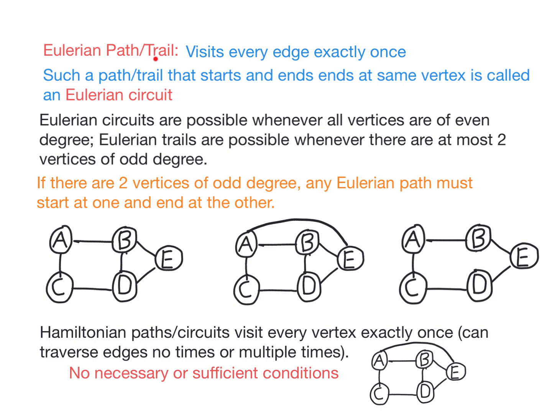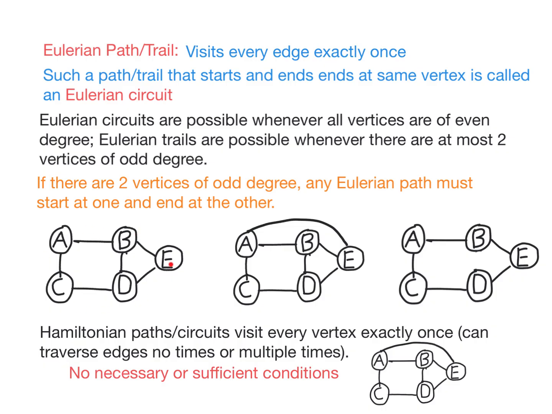So an Eulerian path, sometimes called an Eulerian trail, again there's a lot of variability in these definitions, but what it is is just a path that visits every edge exactly once. So if you have such a path that starts and ends at the same vertex, it's called an Eulerian circuit. So these are nice to work with because there is a necessary and sufficient condition here for when you can or can't have Eulerian paths and circuits.